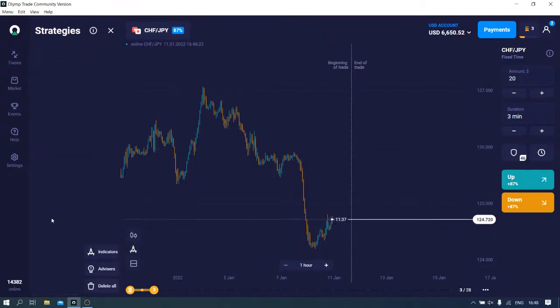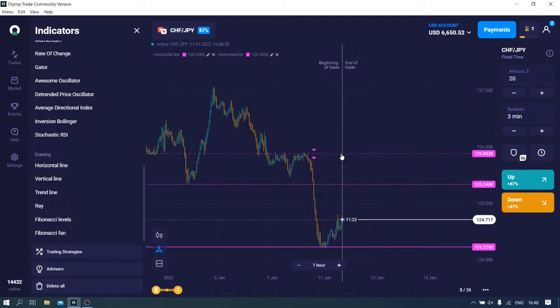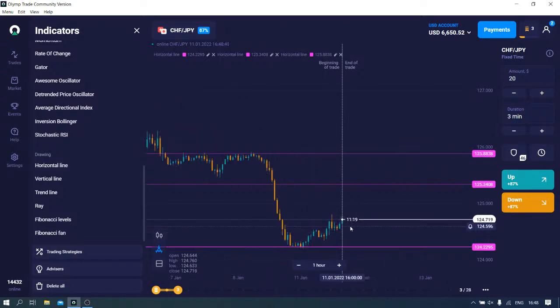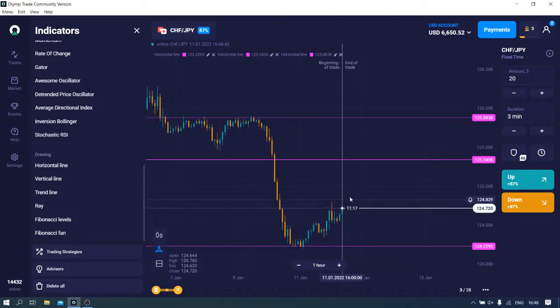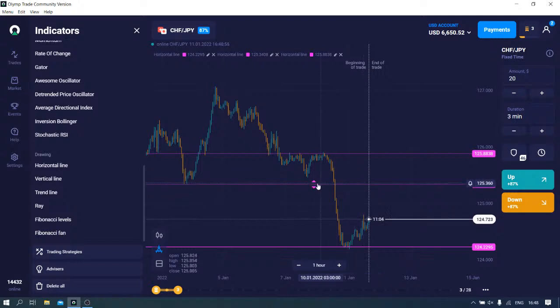Right, so for example, over here on this currency pair, which is Swiss franc against the Japanese yen, let's draw a few horizontal lines, which will be considered as levels. So over here, the price is located somewhere in the middle of this trading channel. However, when it reaches the price of 125 point, we may move it a bit up or down depending on our preferences.